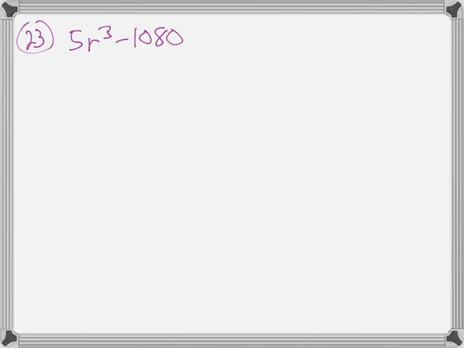Did you see it? Even here, always, never forget it. First GCF. What's in common? 5. Take that out. Use your calculator. Leave r cubed minus, is it 216? Yeah, 216. Just divide by 5 there on your calculator, right? And then, for that 216, use your calculator. I bet he's a triple.